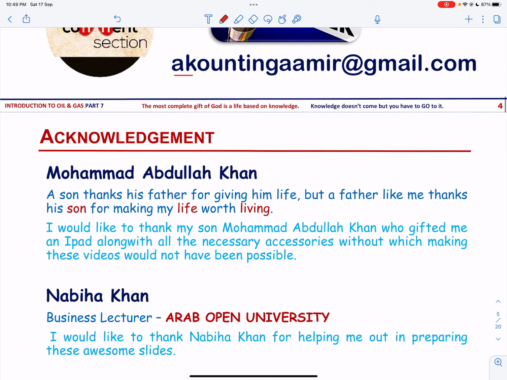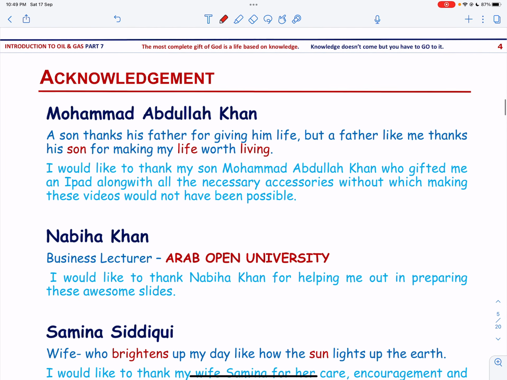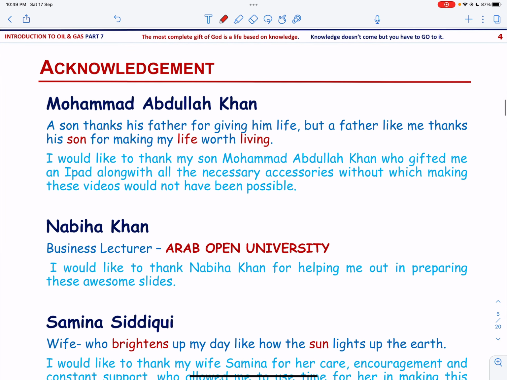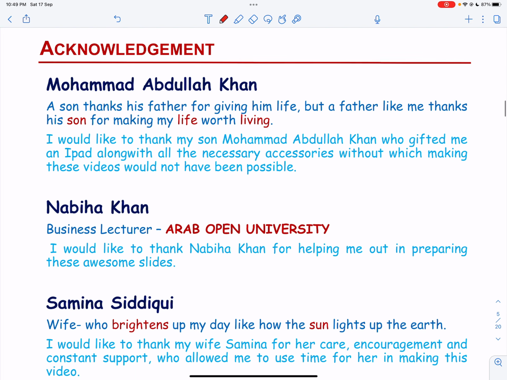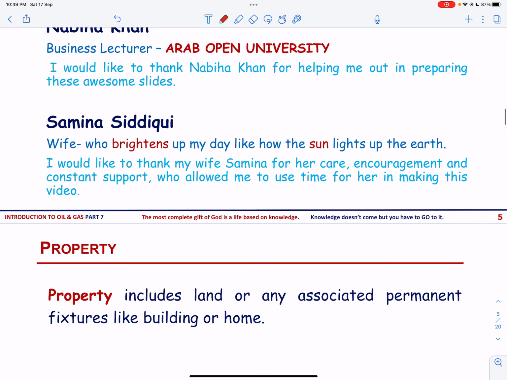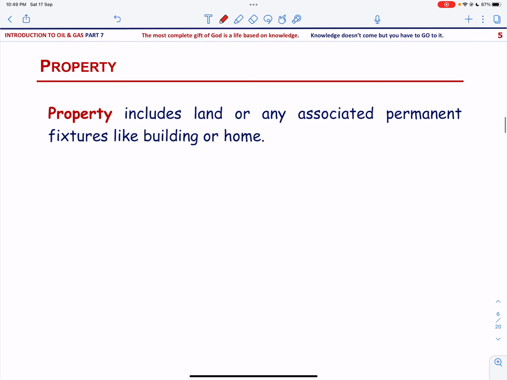We will start with explaining what property is and how it relates to mineral interest. Property includes land or any associated permanent fixtures like building or home.